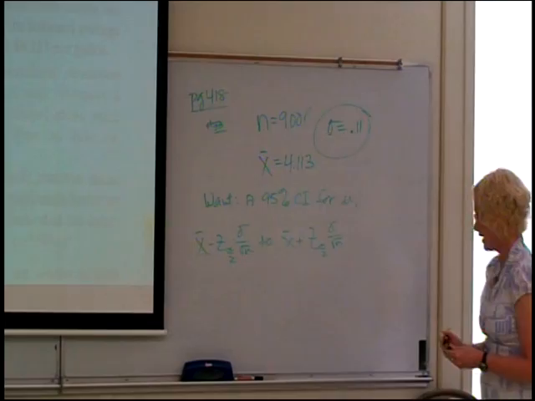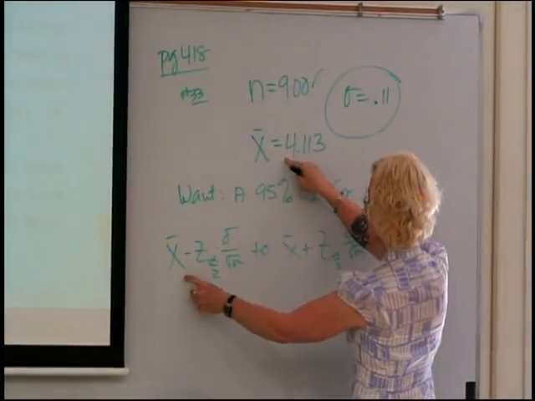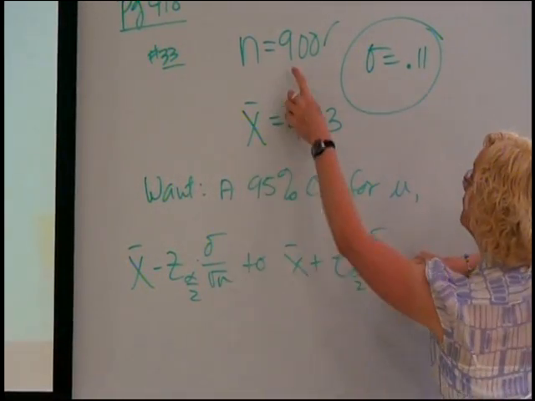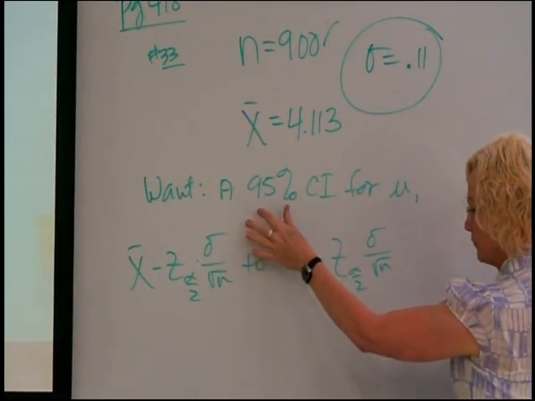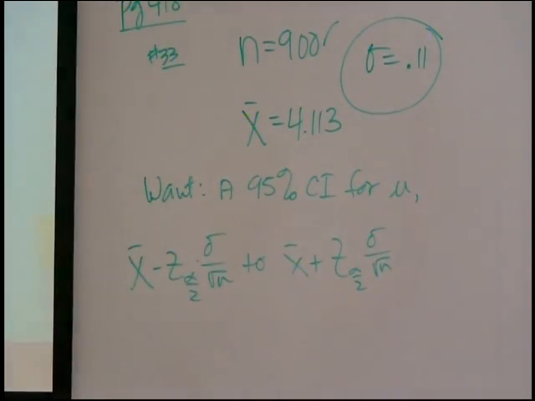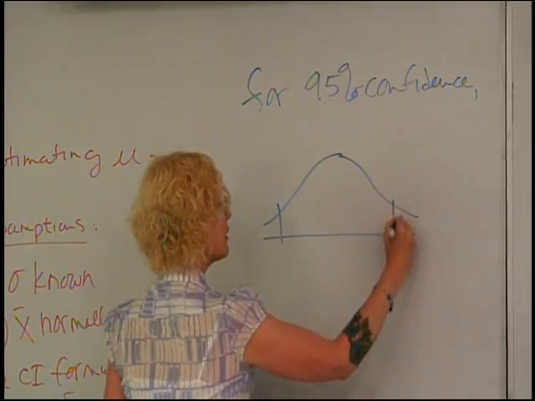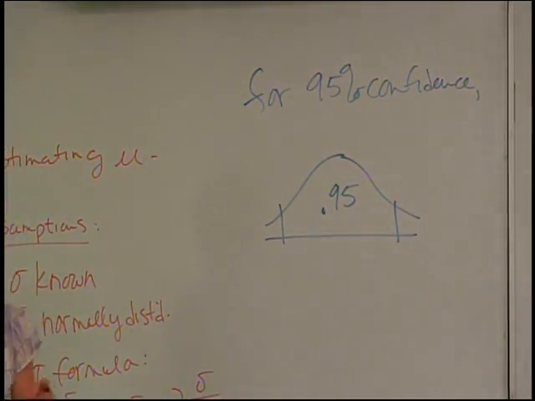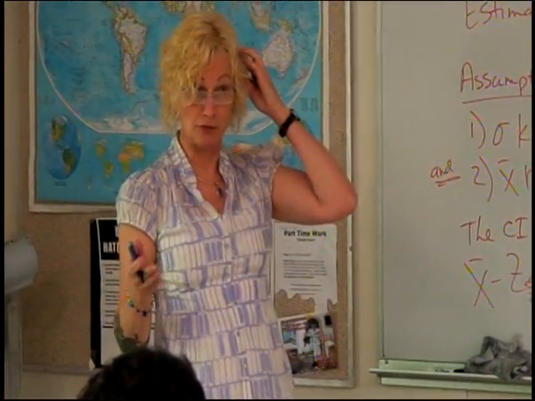We have x-bar, sigma, and n. Now we need the z-score based on 95% confidence. On the normal curve, we want the cutoff values that contain the middle 95% of x-bars for samples of size 900.